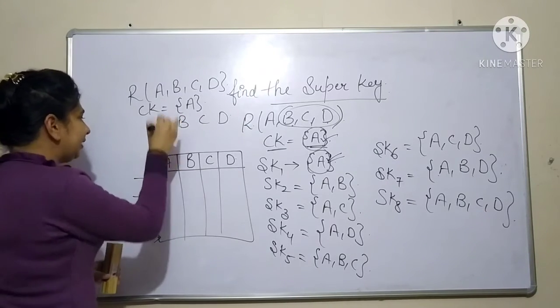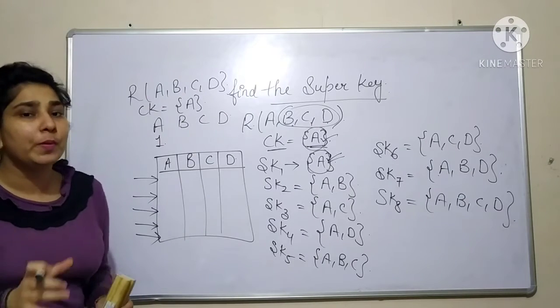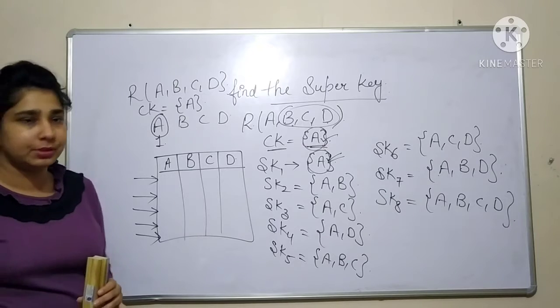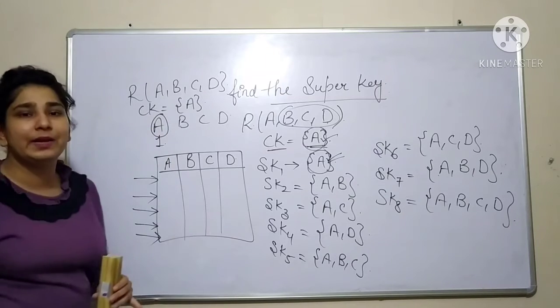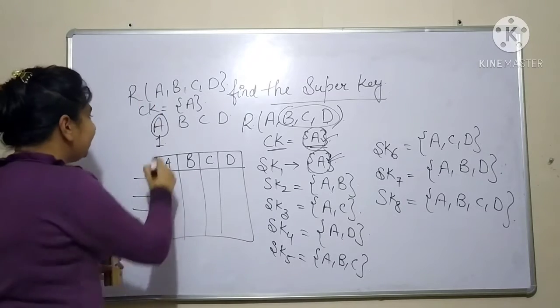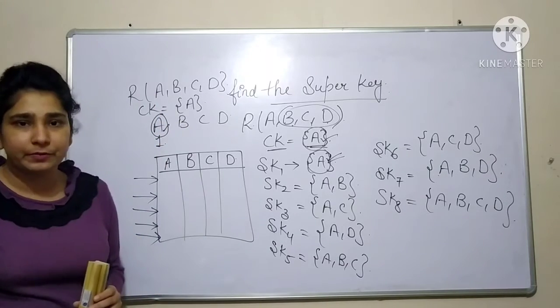For each and every super key, you definitely have to include this attribute, because this is your candidate key. So for each and every super key, this attribute is necessary.